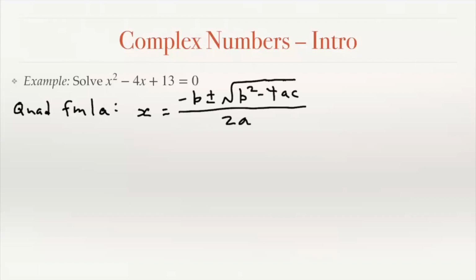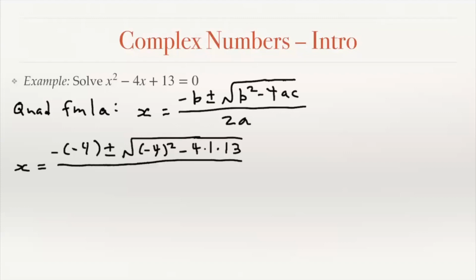So plugging in here, we have x is -(-4) plus or minus the radical of (-4) squared minus 4 times 1 times 13, all over 2 times 1. So we have 4 plus or minus the square root. Here we have 16 minus 52 is -36, all over 2.